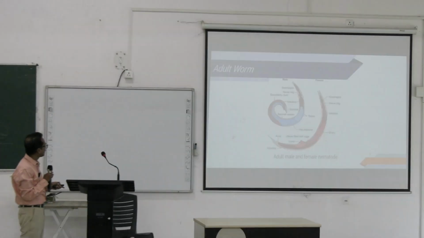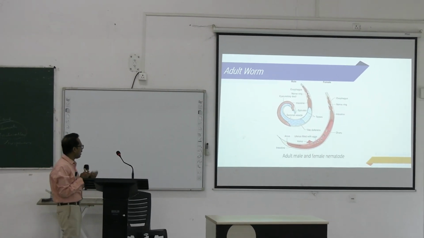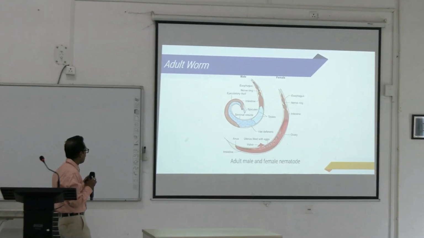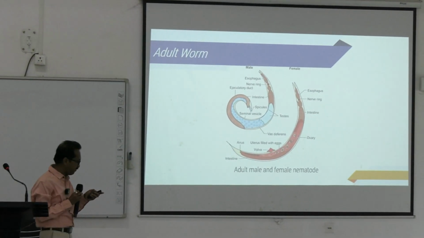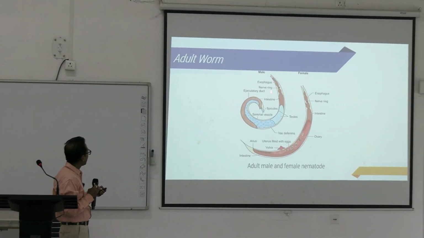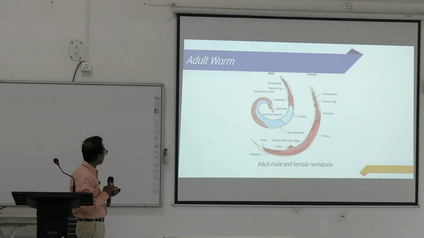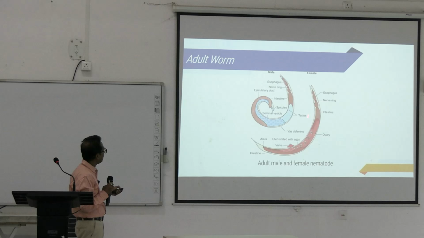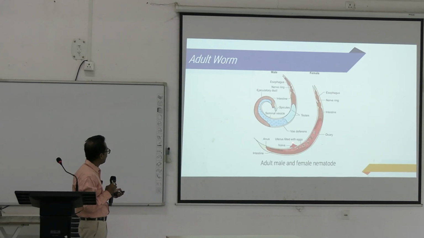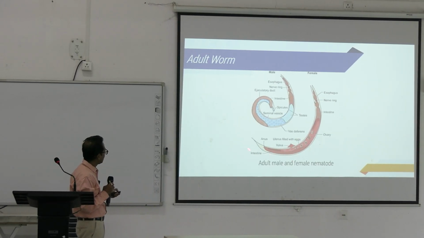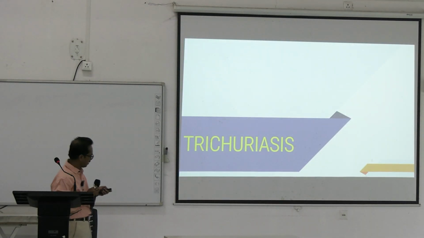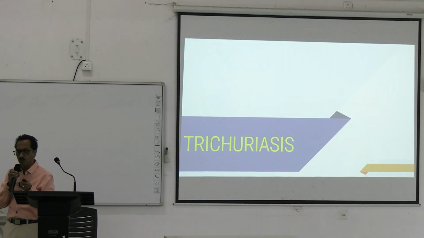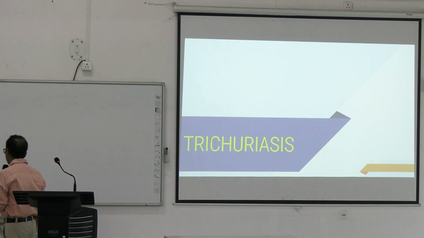The adult female worm is usually longer than the male worm, and for the male there are the ejaculatory duct and spicules, and in the female there is a vulval opening.